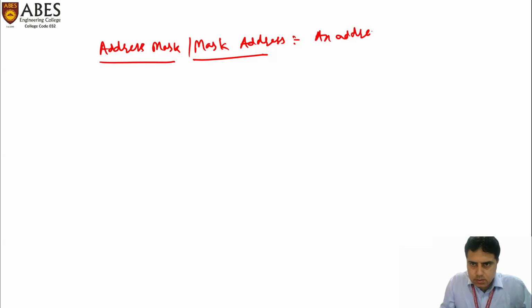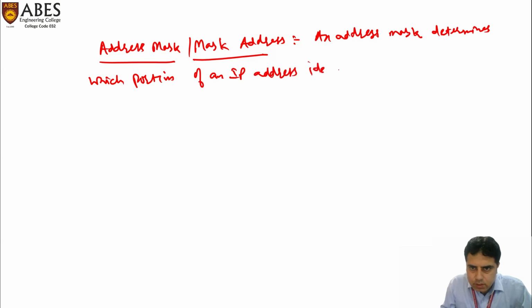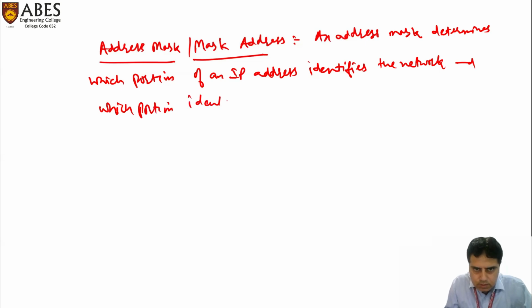Address mask determines which portion of an IP identifies the network and which portion identifies the host.